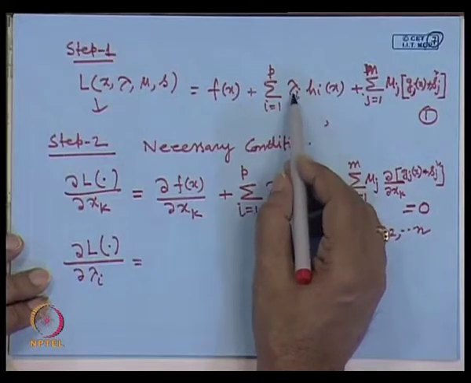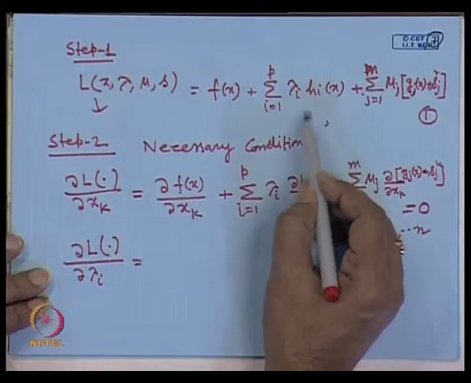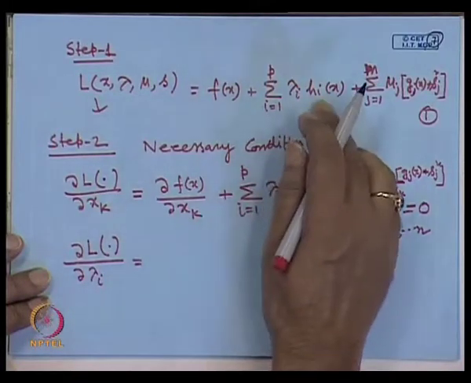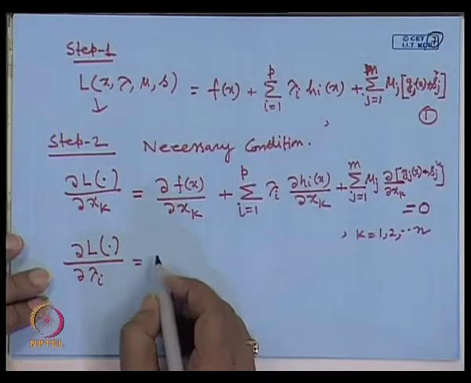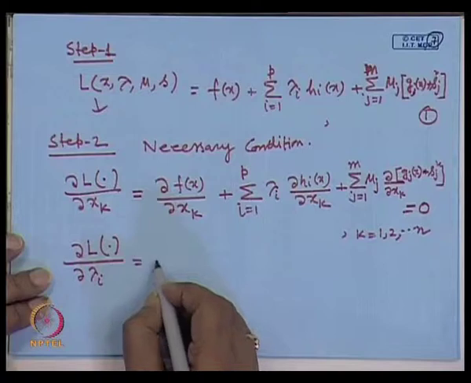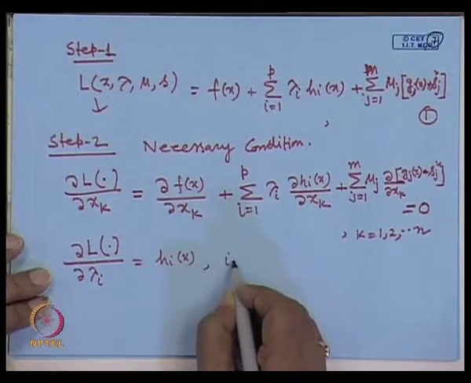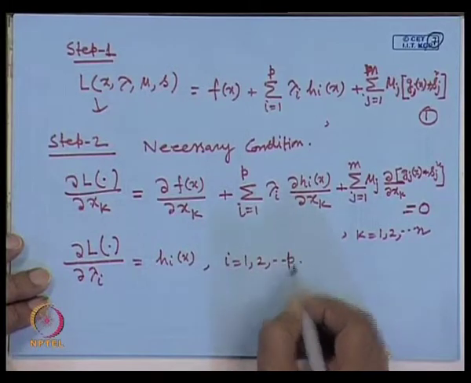See this one: lambda 1 into h 1, lambda 2 into h 2, lambda 3 into h 3. I am differentiating first with lambda 1, so it will come h 1, then h 2, h 3 in this way. So, you will get h i of x, where i varies 1 to p.